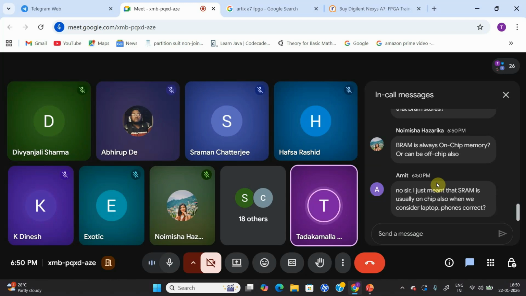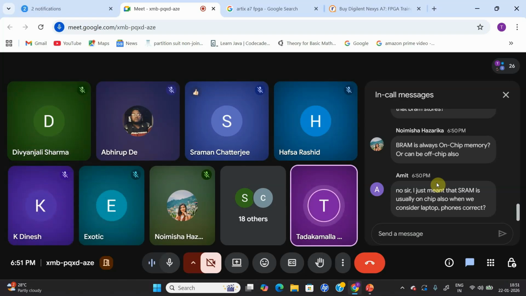I just mean SRAM is usually on-chip also when we consider a laptop. Yeah, you might see. So shall we move forward? Is it clear? I hope it is clear, right? So don't get confused with these terminologies.